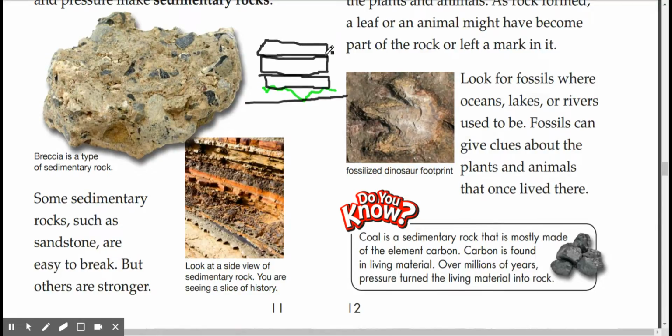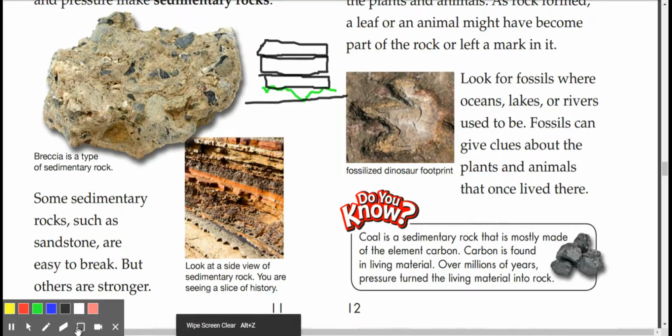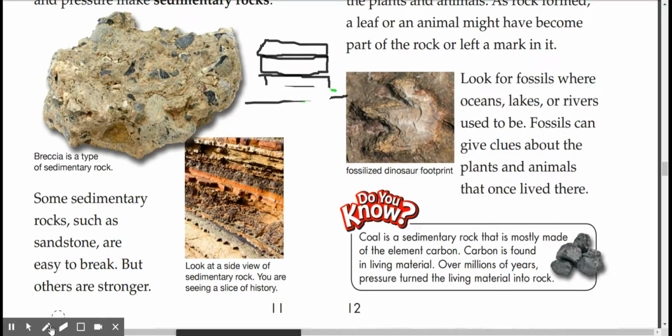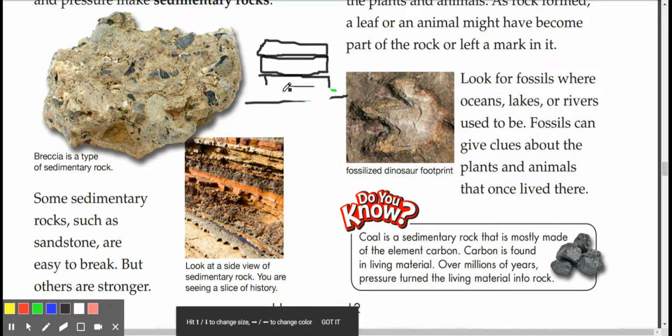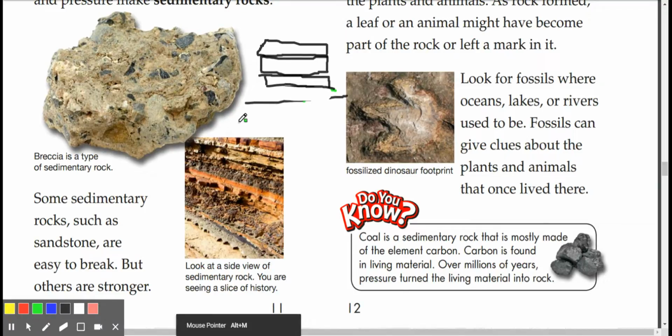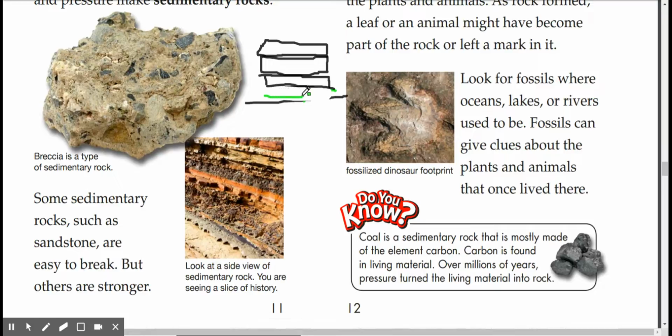What's going to happen? Well, eventually that paper down there is going to flatten out. I'm going to redraw that. All right, and it's going to become flat, right?